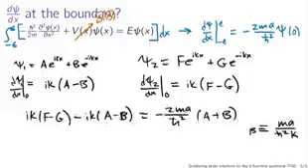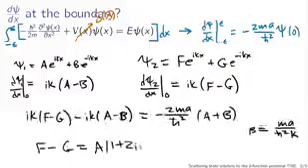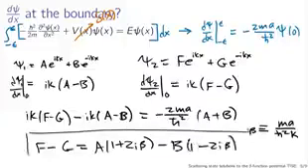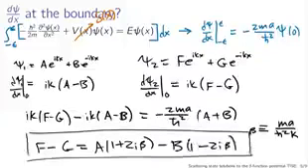What we end up with is f minus g is equal to a times 1 plus 2i beta minus b times 1 minus 2i beta. And this is the result of our first derivative boundary condition.